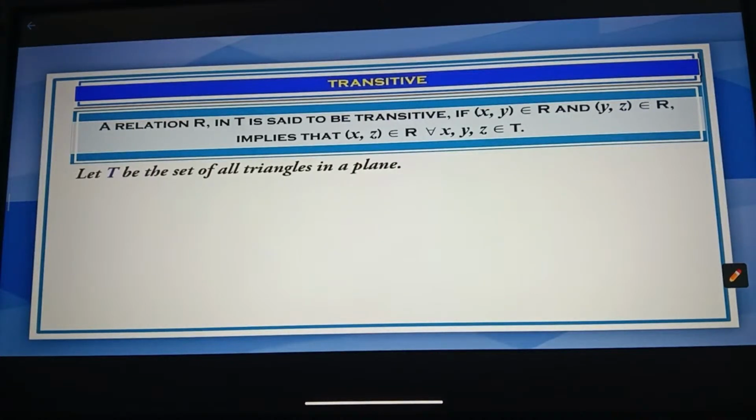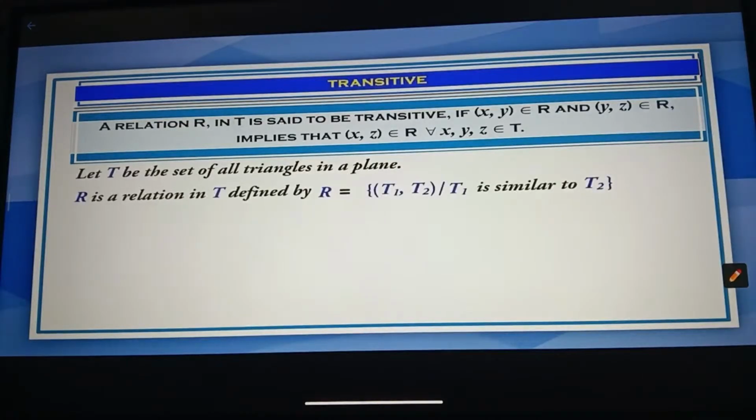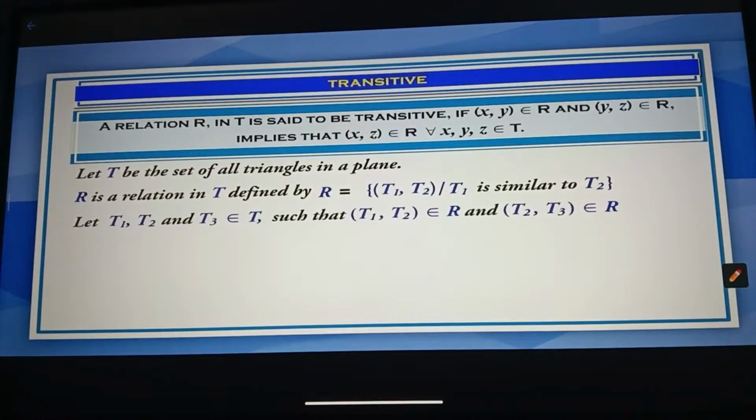Let's check the transitivity of the relation R in T, which is defined by the set of ordered pairs (T1, T2) such that T1 is similar to T2. Consider the ordered pairs (T1, T2) and (T2, T3) in set R. By definition, T1 is similar to T2 and T2 is similar to T3. Now, T2 is similar to both T1 and T3.